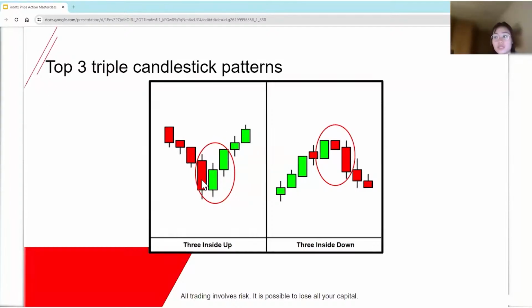That's why you see it completely within this area here. Third candle would be a long bullish candle that closes above the high of the first. Okay, so that confirms your reversal into an uptrend.